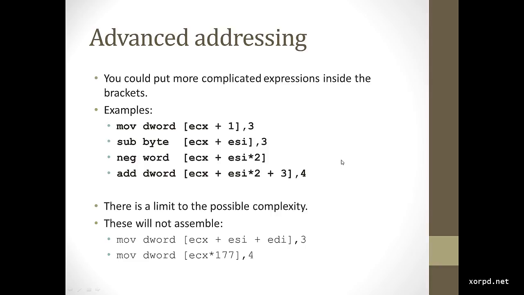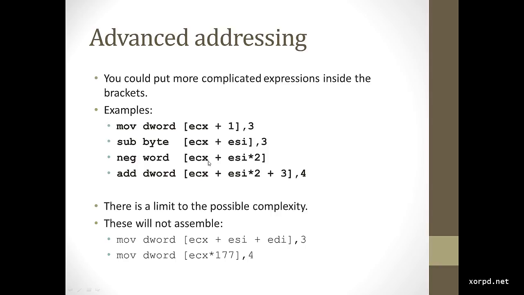You might be wondering, how can you know if something is going to assemble or not assemble? I recommend that you just check it. Just try to assemble it. I think it's a bad idea to try to remember everything by heart. You can know that basically those things are going to assemble.